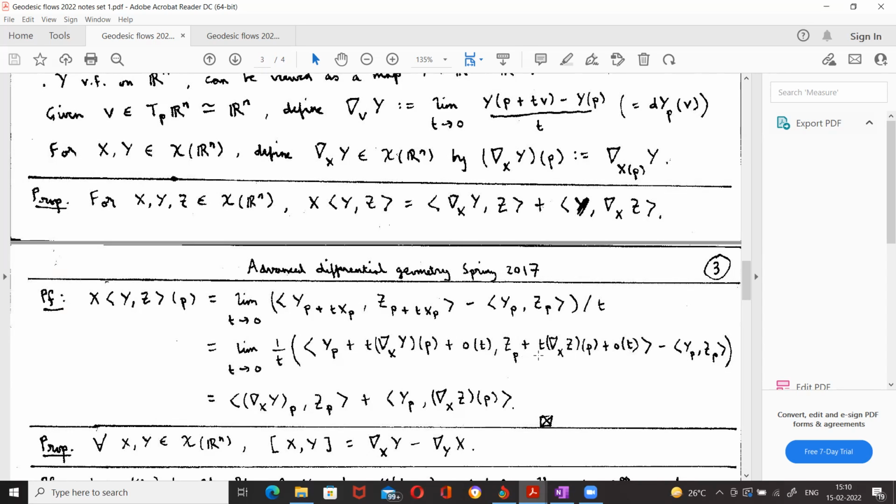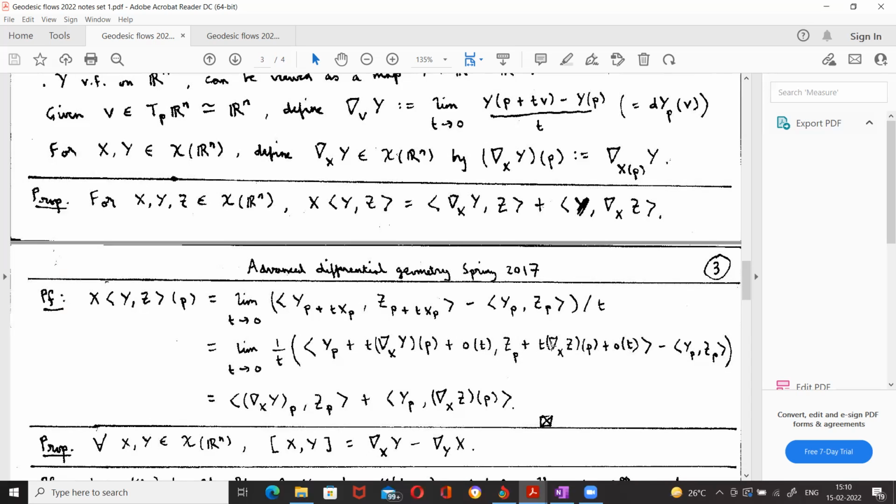Now we expand this inner product by bilinearity. The Y_p and Z_p term will cancel, and then I'll get t times the inner product of ∇_XY at p with Z_p, plus the inner product of Y_p with t times ∇_XZ at p.